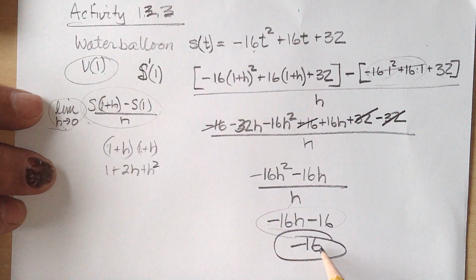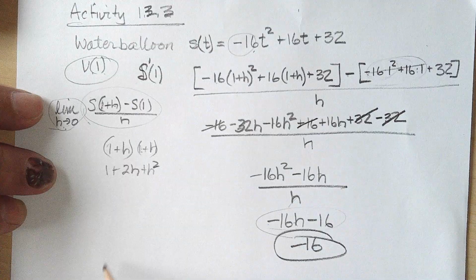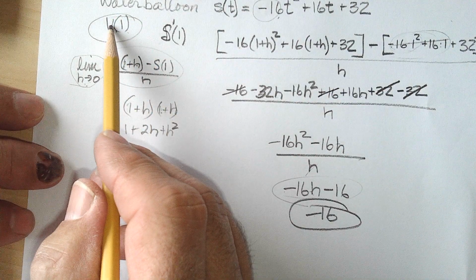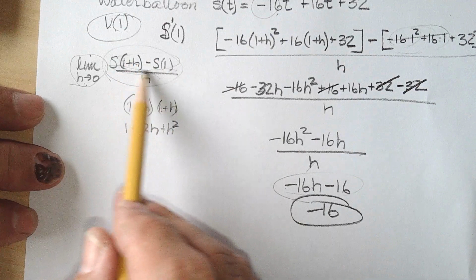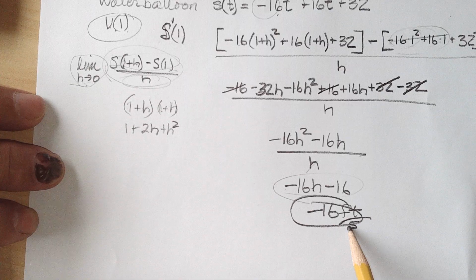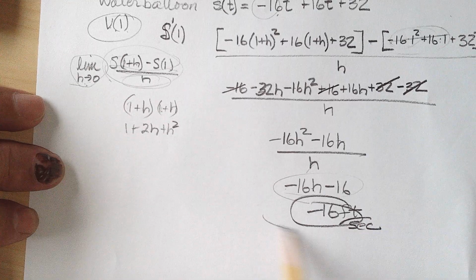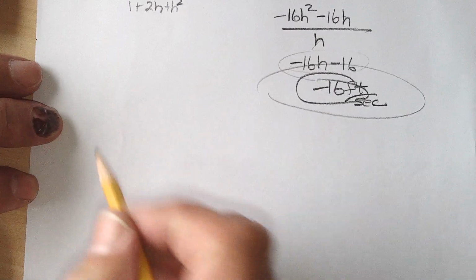It says it's going down at 16 feet per second, because this was in feet and seconds. And velocity, it's the change in the height over the change in time, so it's feet per second, and it's going down.